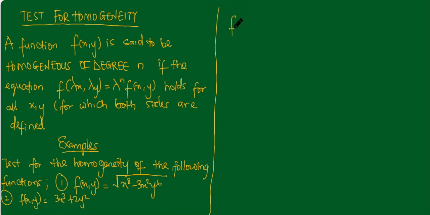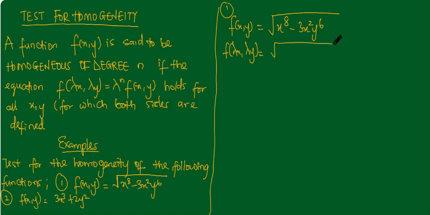So f(lambda x, lambda y) will just be equal to the square root of lambda x raised to power 8 minus 3 lambda x squared multiplied by lambda y raised to the power of 6.